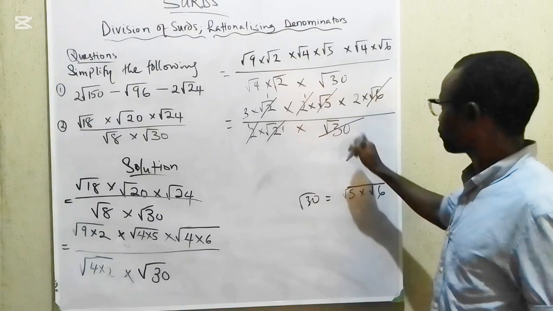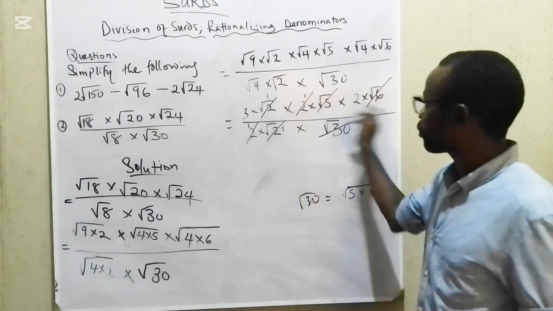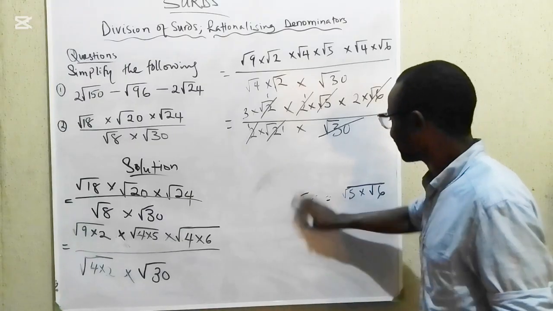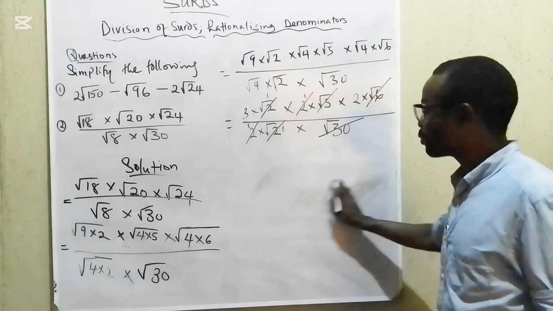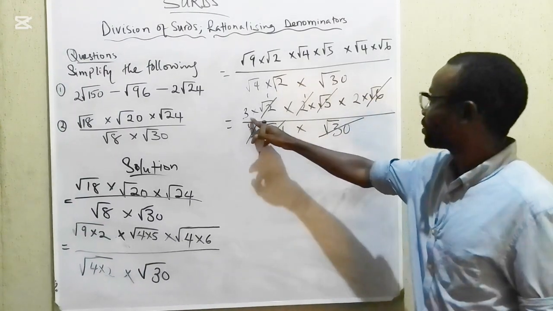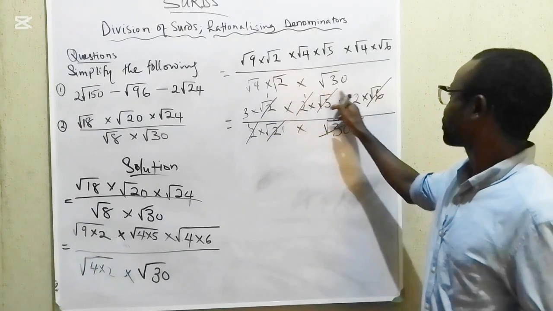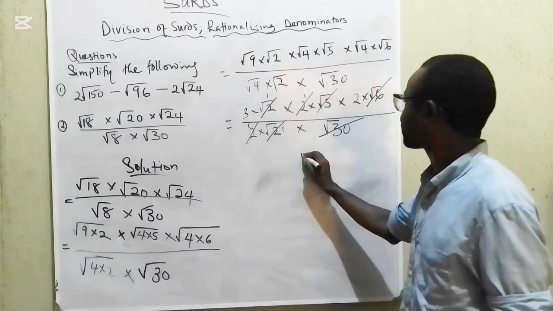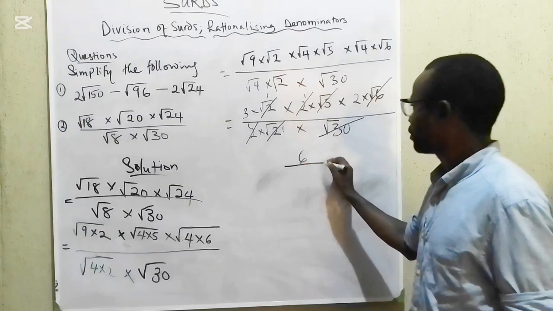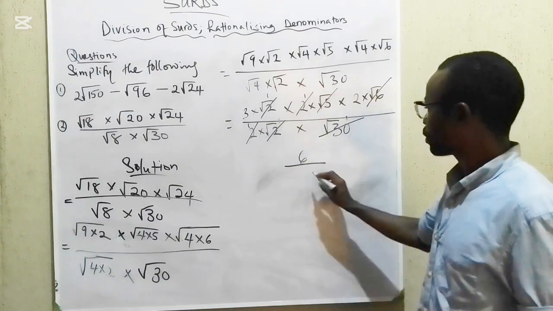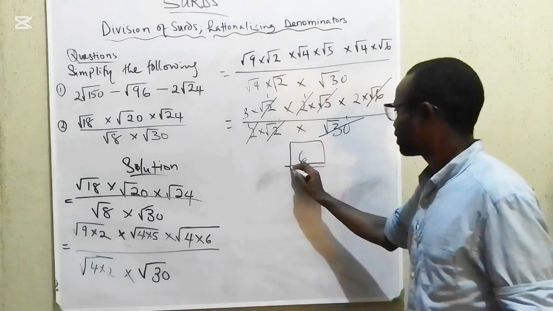So this and this equals 5 times 6, take this off. So what remains up here is going to be 3 times 2. So math is sweet. You love it. 3 times 2 is 6. So what remains here? 1 times 1 is 1, times 1 is 1. So the final answer is 6.